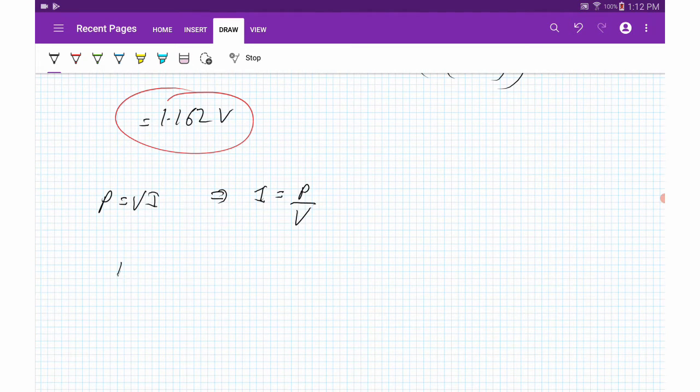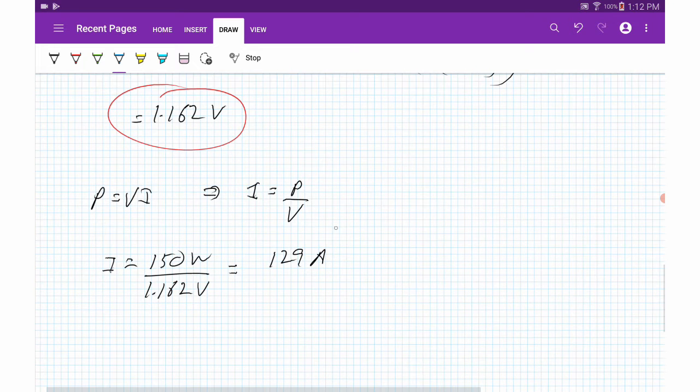So in order to know what current we have 150 watts. And our voltage under these conditions is 1.162 volts. And this is going to give you 129 amps. Now, that 129 amps is at 100% efficiency. We're not at 100% efficiency, we are at 55% efficiency.